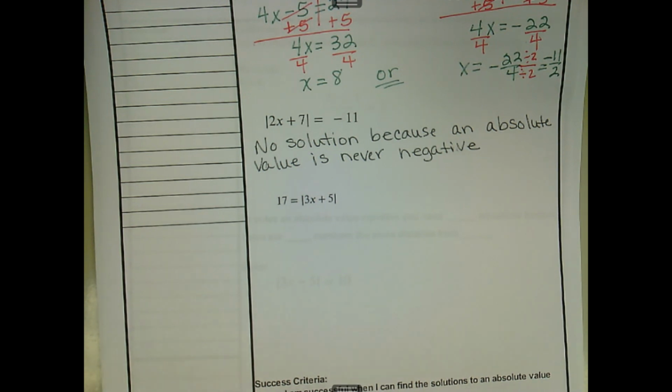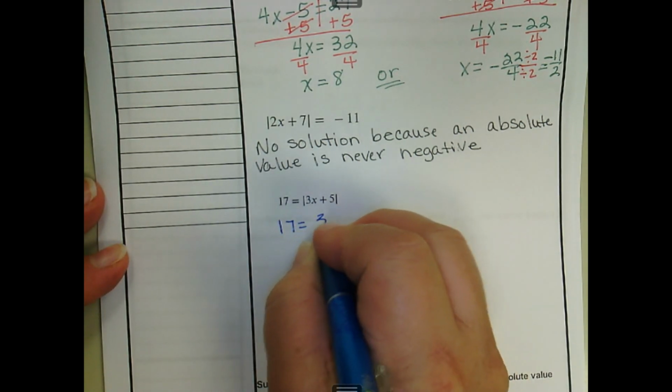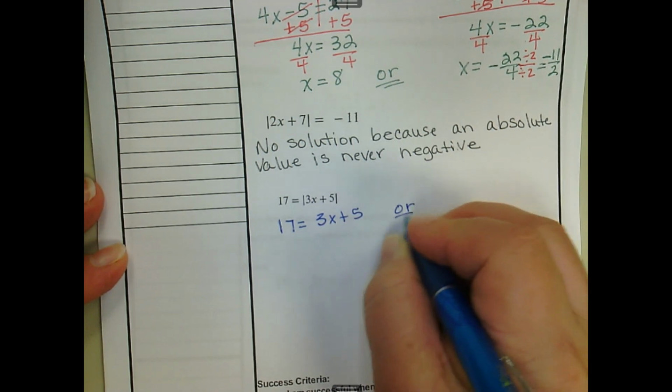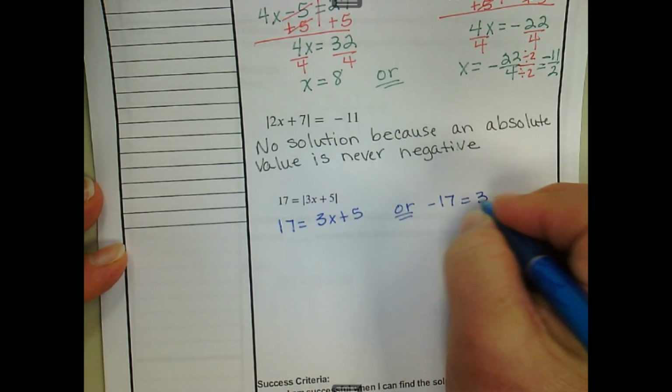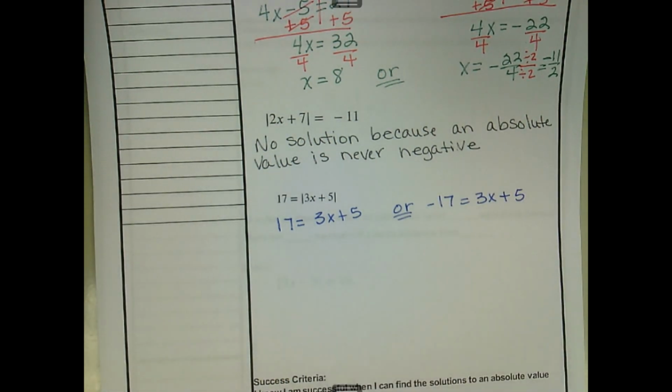I do hope you tried. 17 is equal to 3x plus 5, or negative 17 is equal to 3x plus 5. How do we start? By drawing the line.